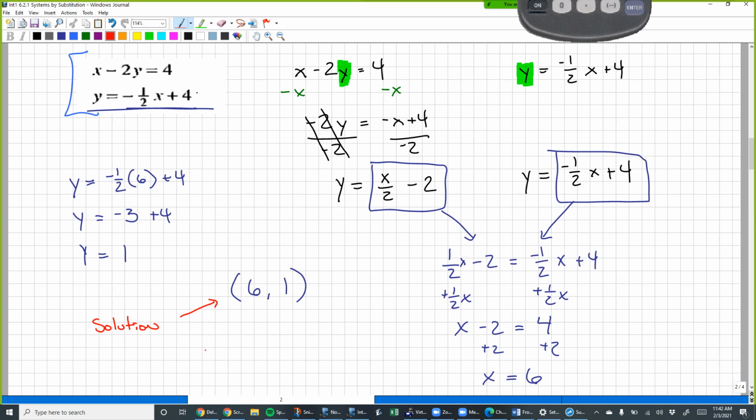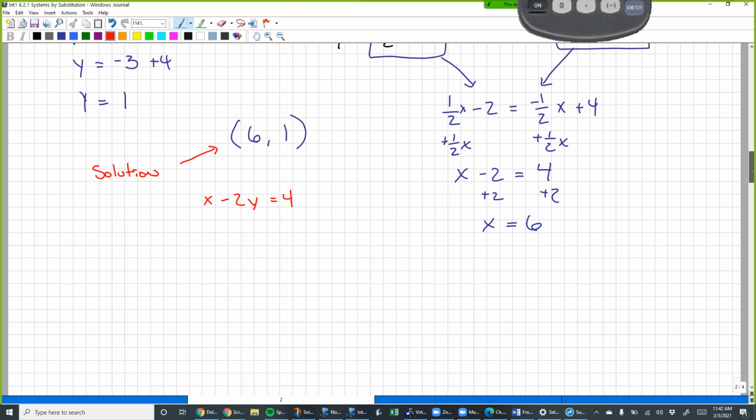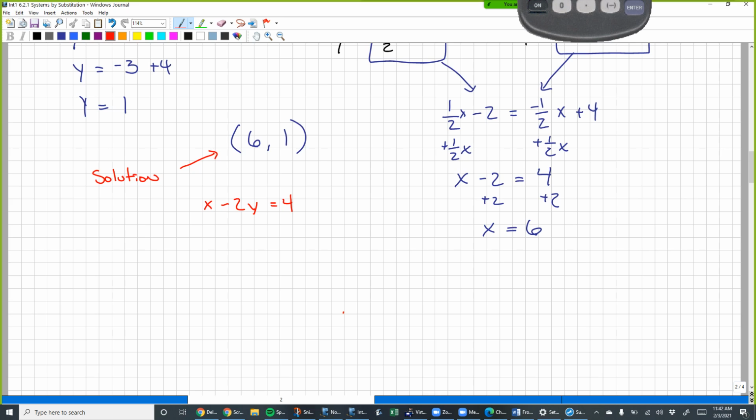If I plug that solution into the first one, x minus 2y is equal to 4, it should give me 4 on the left side of the equation. So I plug in the 6. I get 6 minus 2 times y, which is 1.